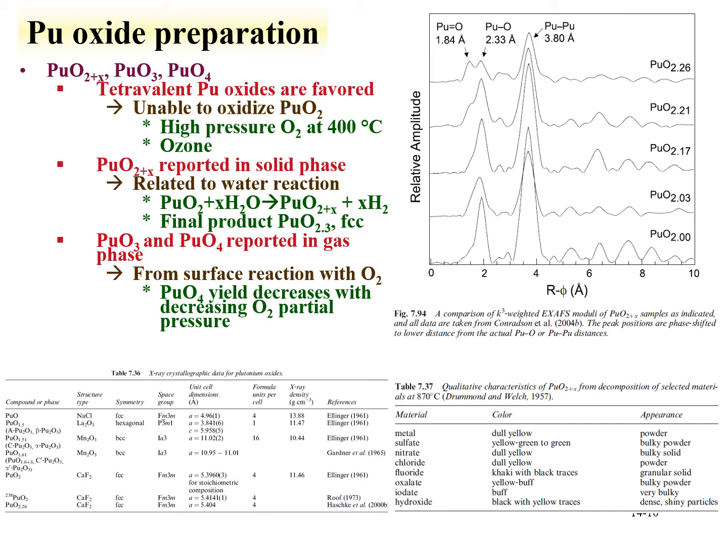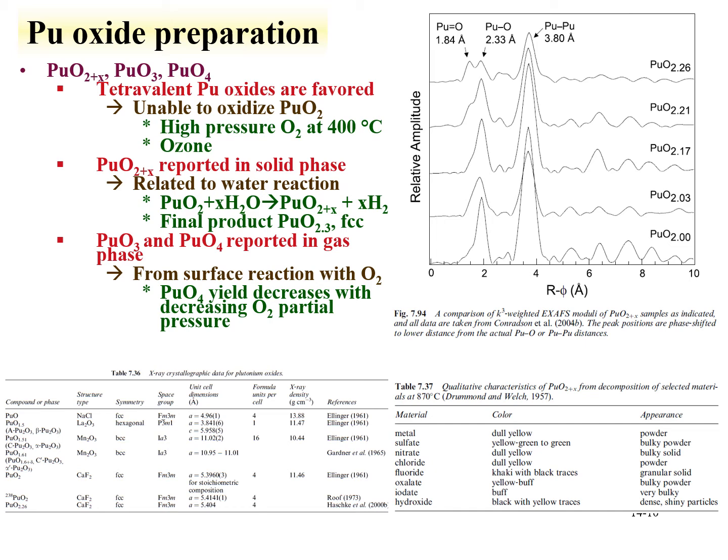Now, other plutonium species, the PuO3 and PuO4, have been reported in the gas phase, primarily from surface reactions with O2, with the material going to the gas phase, and the PuO4 yield decreases with decreasing dioxygen partial pressure.